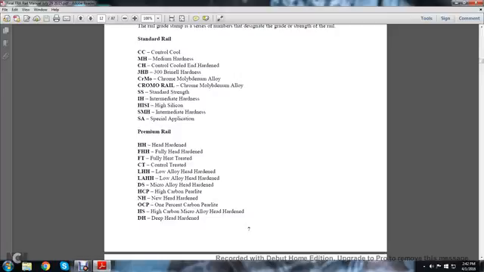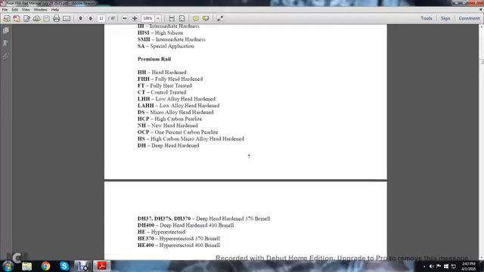Premium rails: HH head hardened, FHH fully head hardened, FT fully heat treated, CT controlled treated, LHH low alloy head hardened, DS micro alloy head hardened, HCP high carbon pearlite, NH new head hardened, OCP 1% carbon pearlite, HS high carbon micro alloy head hardened, and DH deep hardened head hardened.